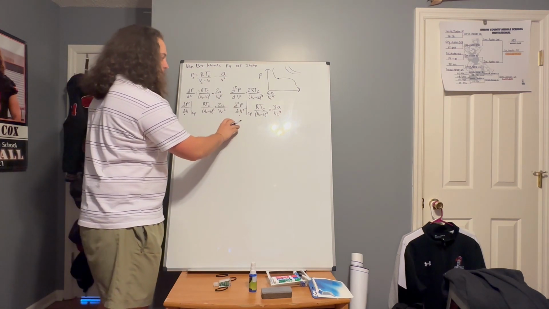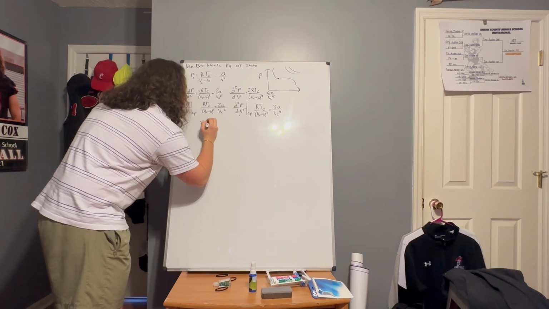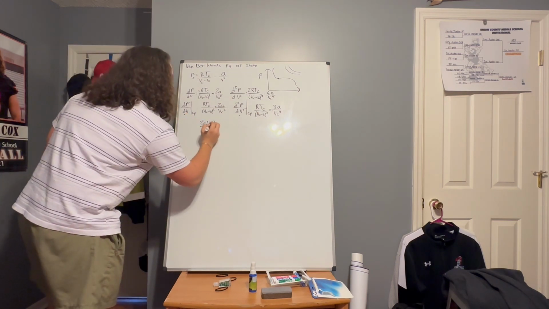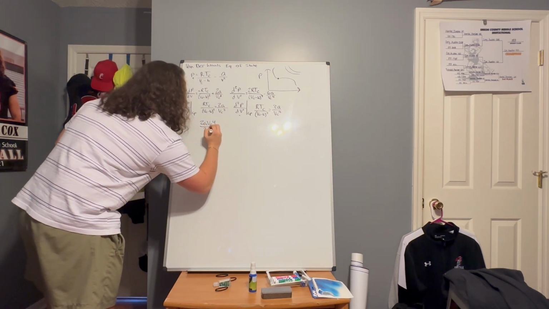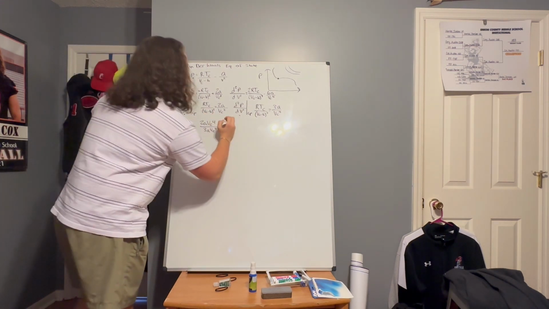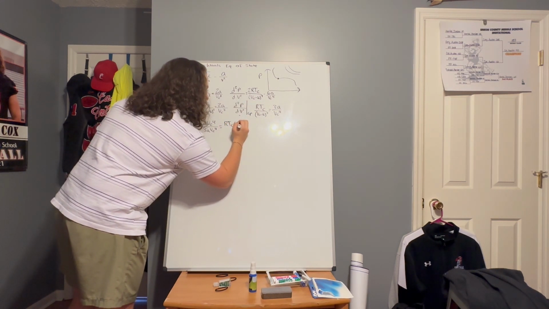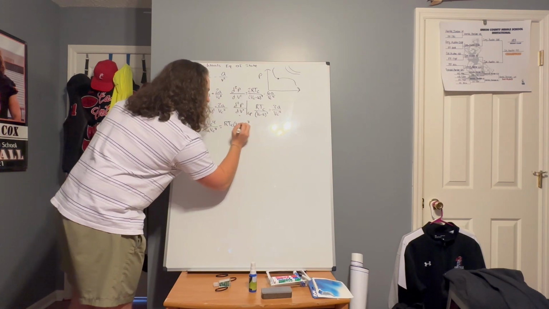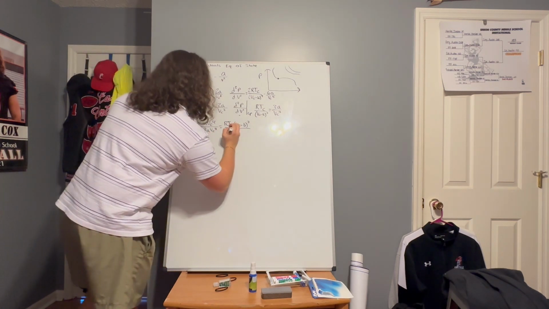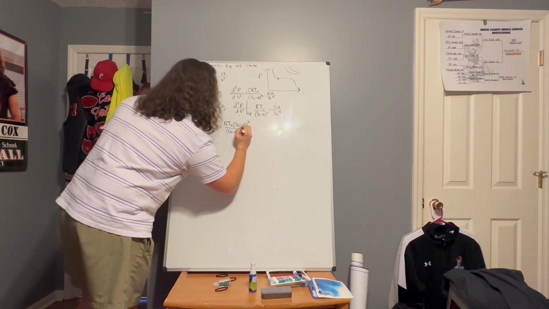This gives us 2a VC to the fourth over 3a VC cubed, equal to RTC times (VC minus b) cubed over (VC minus b) squared times RTC.